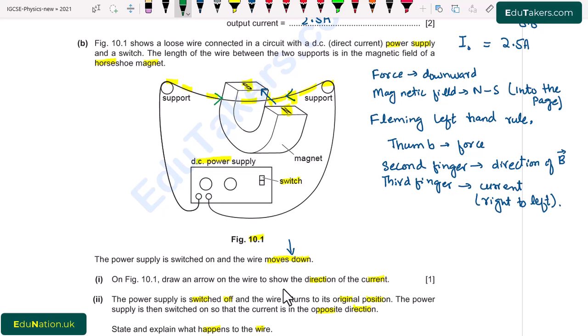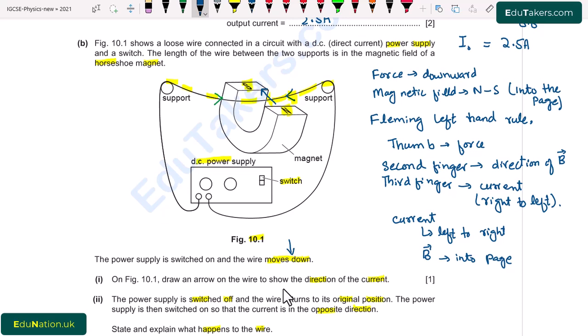So what will happen? Here we can see that the direction of current is reversed so the force direction will also be reversed. So when the current flows from left to right and the magnetic field is into the page, then by using the Fleming left hand rule we find out the direction of force.